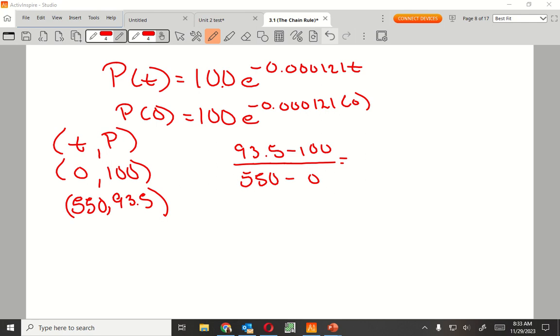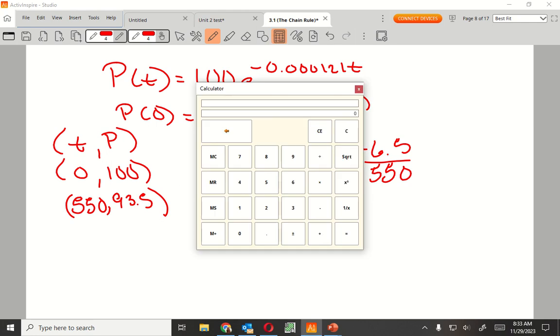So what's that going to be, negative 6.5 over 550?